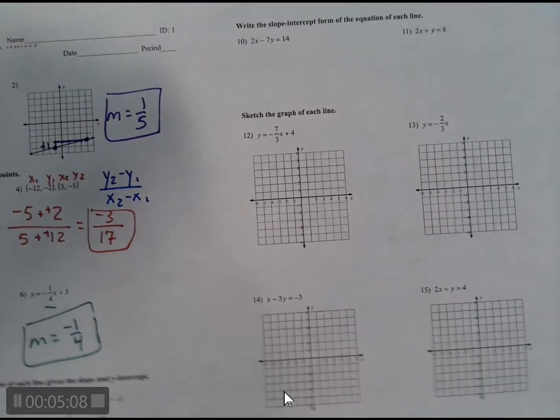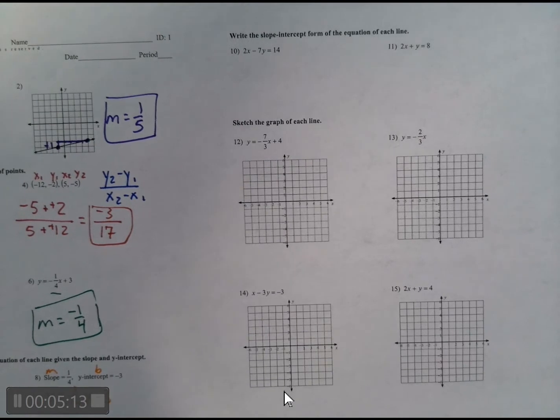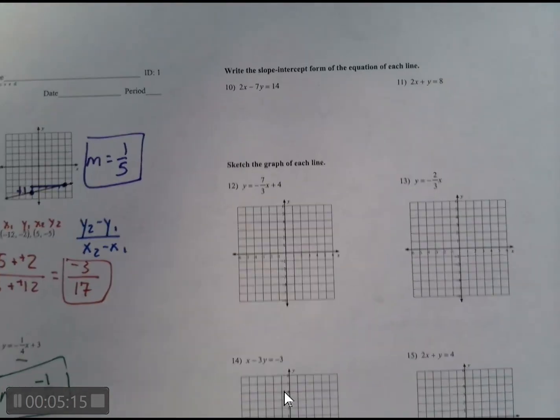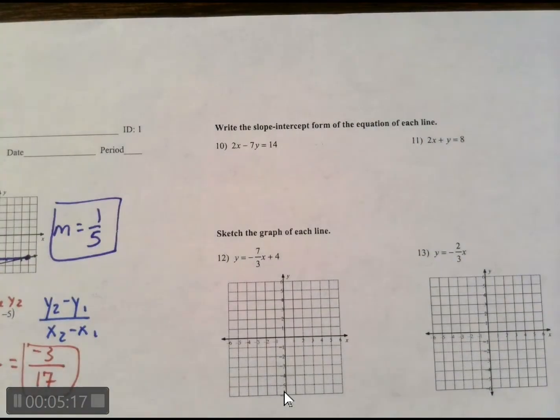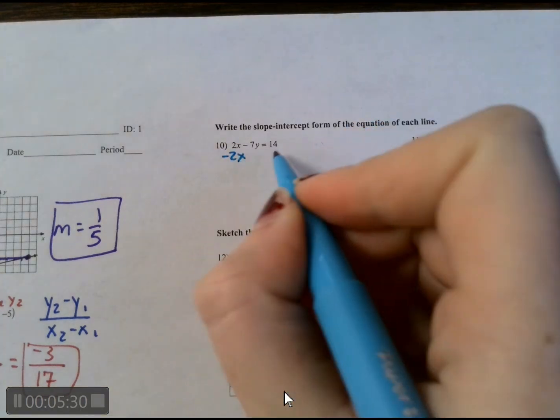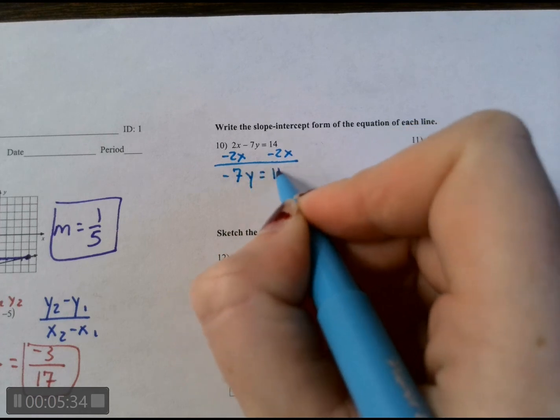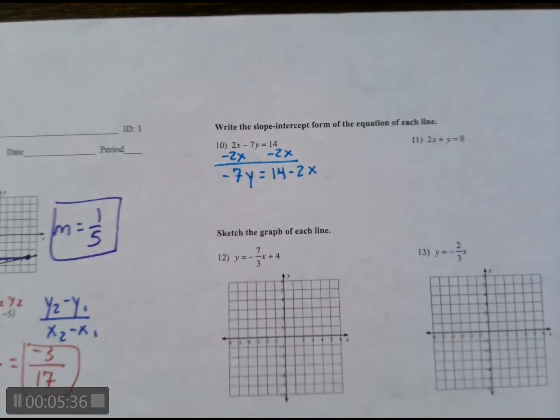Alrighty, next one. So, 10 and 11 are a little bit more tricky, but we have been doing these since Unit 1 for literal equations, so I believe in you guys. Alright, so we need to get y equals mx plus b. This is obviously not in y equals mx plus b form. So we need to subtract 2x from both sides to get negative 7y equals 14 minus 2x.